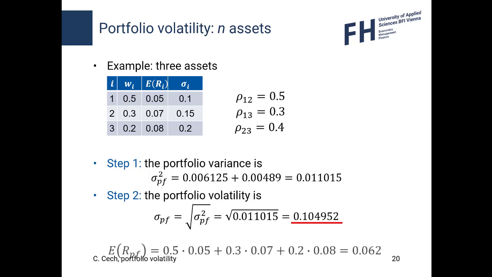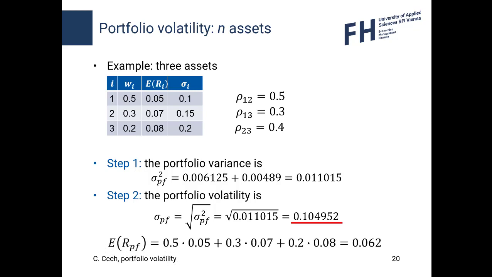If we now also consider the expected return of the specific portfolio, we see that the expected return is 6.2%, which is considerably more than the expected return of asset 1, but the portfolio volatility is only a bit higher than the volatility of asset 1.